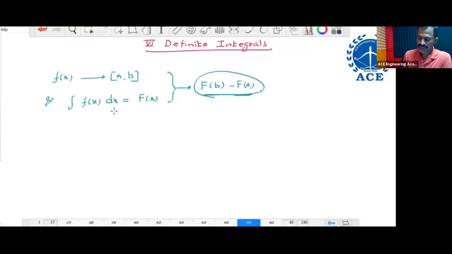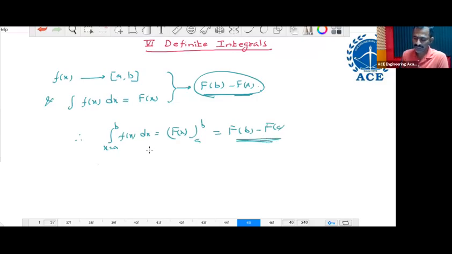Therefore, we write this as integral x equal to a to b f of x dx equal to F of x from a to b equal to F of b minus F of a. It is the definite value of the integral, and this integral is a definite integral. Here, a is the lower limit of the integral, b is the upper limit of the integral, and this x is the variable of integral.